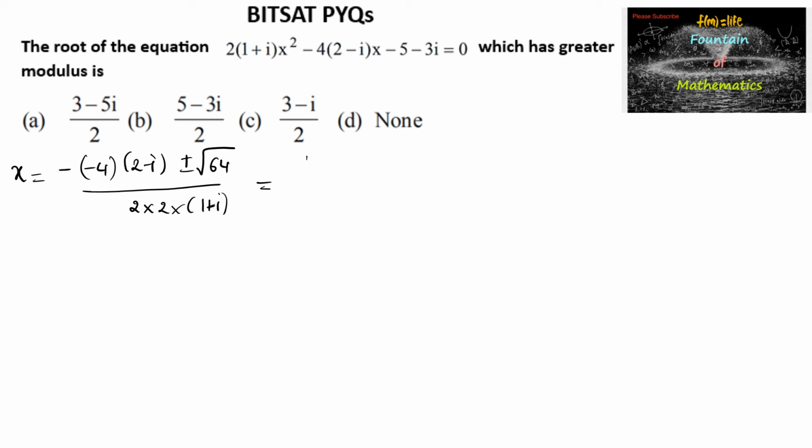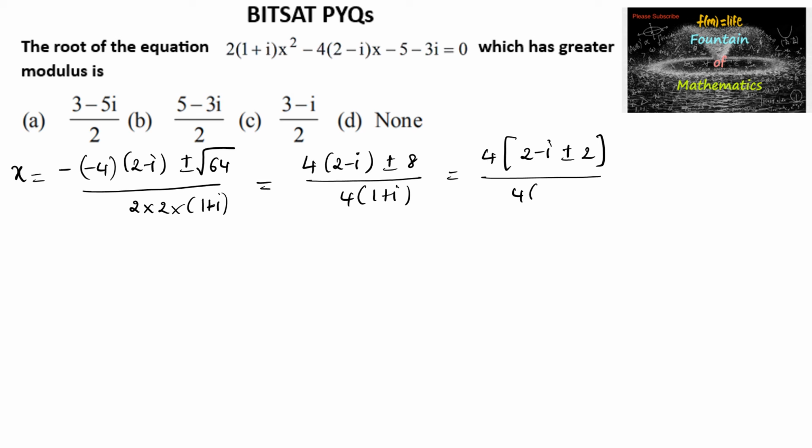Which is equal to 4(2 − i) ± 8 upon 4(1 + i). That is, 4 taken common, (2 − i) ± 2 divided by (1 + i).